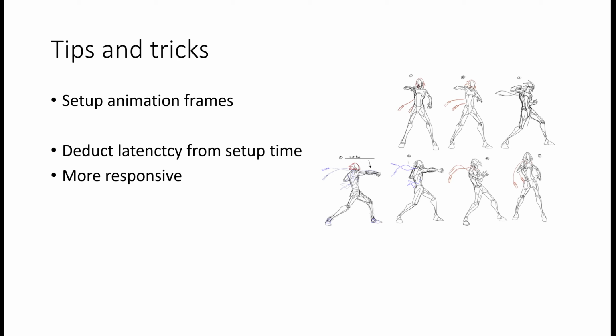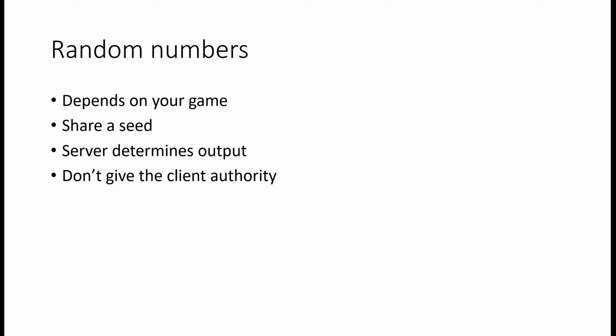That means if you know the latency of your client, you can deduct the latency from the animation frames you had. Meaning if you have 80 milliseconds of setup time and 80 milliseconds of latency, those two would cancel, and the server would just recognize that the spell is active now, not because it was pressed 80 milliseconds ago. That's a way you can do it.